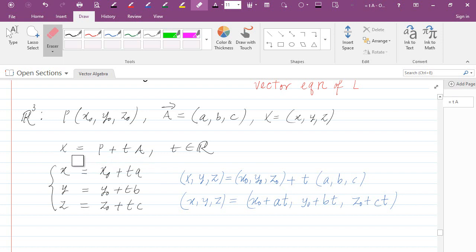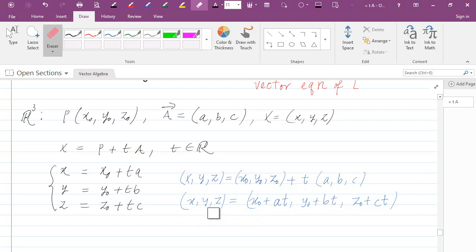Now if I write down the components of X, P, and A, we get x, y, z is equal to x0, y0, z0 plus t times a, b, c. So x, y, z would be x0 plus at, y0 plus bt, z0 plus ct.